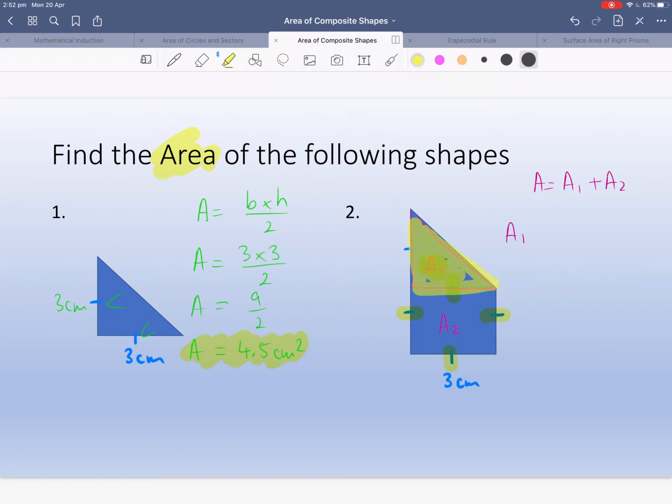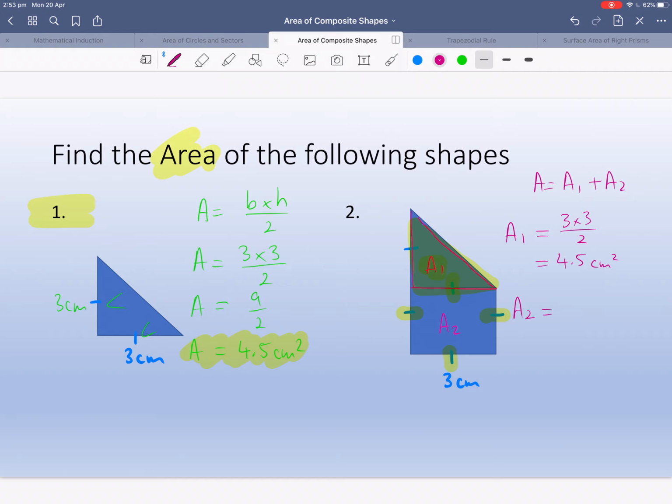So first of all, let's find area 1, which of course is this triangle here. Now, just by chance, I don't think it's chance, that's the same as example 1. So we can work it out: 3 times 3 over 2 because it's half base times height, and it ended up being 4.5 centimeters squared. Right. Now let's find area 2. Area 2 is a square.